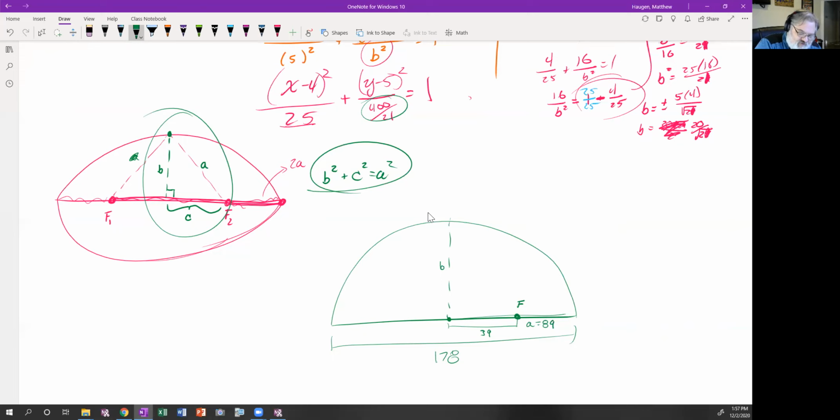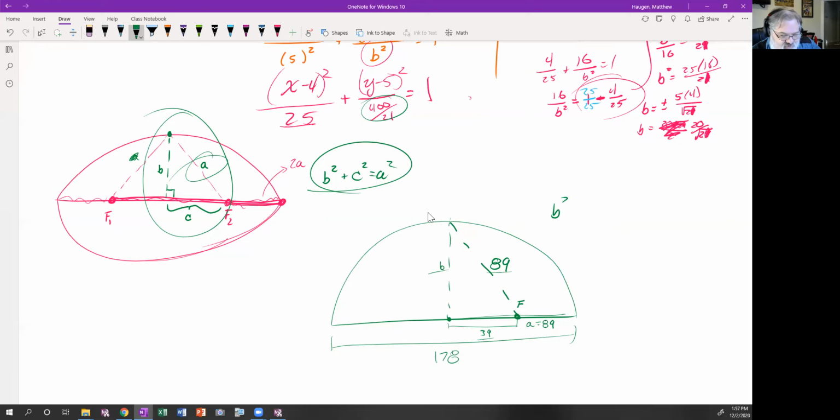But the key is that this A value can actually slide up and is that hypotenuse length, because that's how long the string is. So then we get that 39, that 89, and that B. That B is the height.